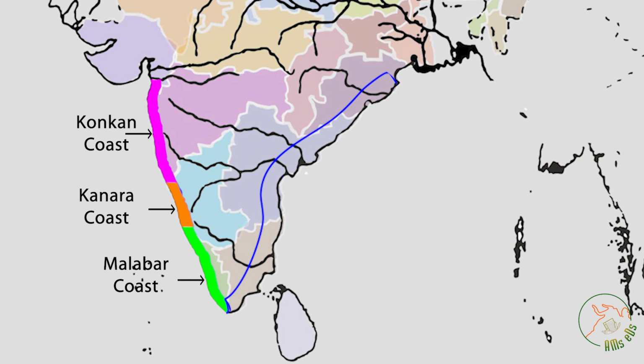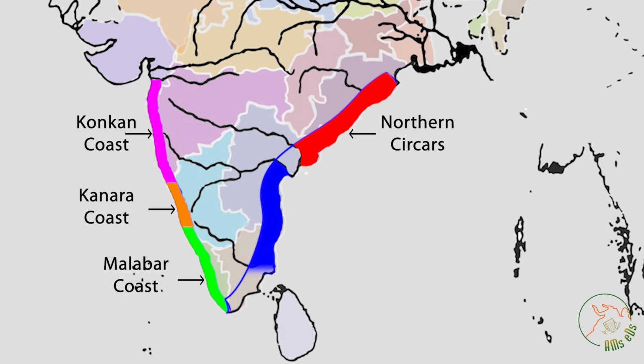But we shall start marking from here, that is, from the river Mahanadi to the river Godavari, and label it the Northern Circars. The rest of the coastline from the river Krishna till Kanyakumari is shaded and marked as the Coromandel coast. Note that this eastern coast is broader than the west.